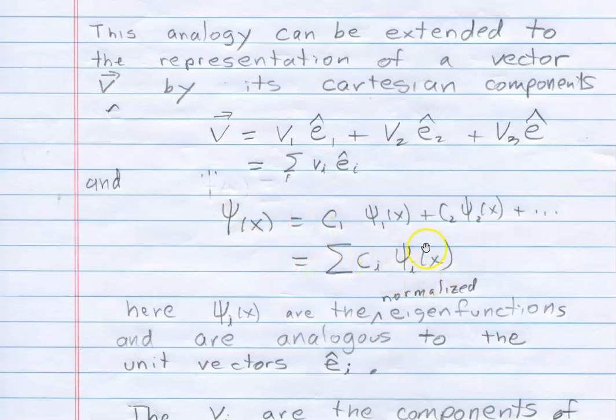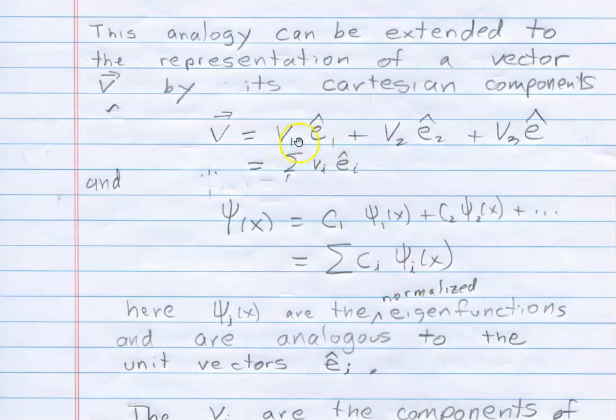And now you can begin to think of these eigenfunctions as more or less equivalent to these unit vectors, e1 hat, e2 hat, and the ci's here are the components, like the components of velocity up here, but the ci's are the components on this particular set of basis functions.